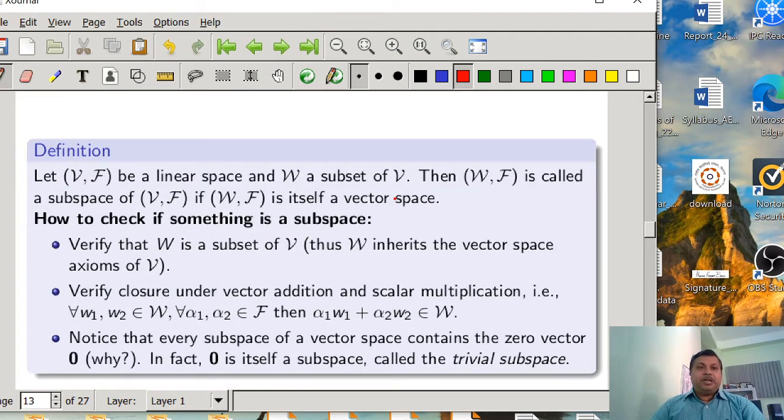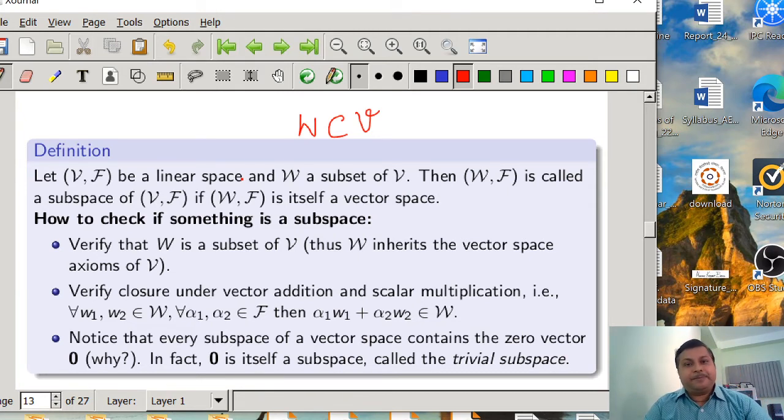What is the definition? Let the vector space V over the field F be a linear space and W a subset of V. So now we have taken a W which is a subset of V, then W comma F, meaning the subset W which is defined over the field F, is called a subspace of V comma F if W comma F is itself a vector space.